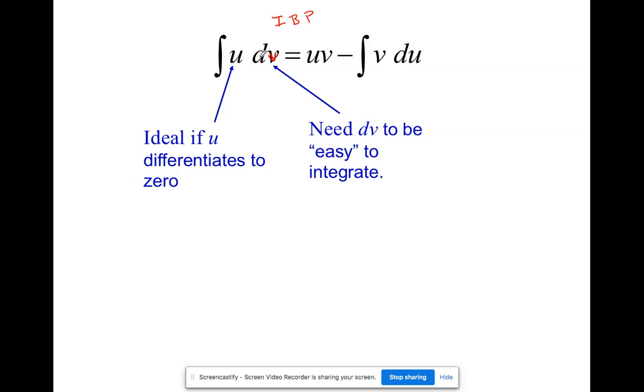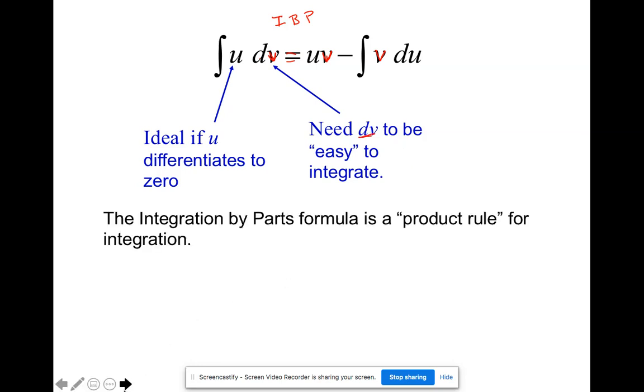If I name something dv, over here I have just v in both of these places. So I need to anti-differentiate this expression to get v by itself. So I need it to be easy to integrate. So again, it's kind of, sort of the product rule for integration, when algebra, trig, and u substitution don't work.